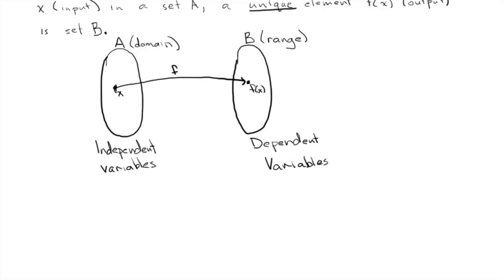The way I've represented this is what we call a mapping diagram. In a mapping diagram, you draw your two sets and you show the rule. This was just a general mapping diagram with no specific values or elements in our sets.